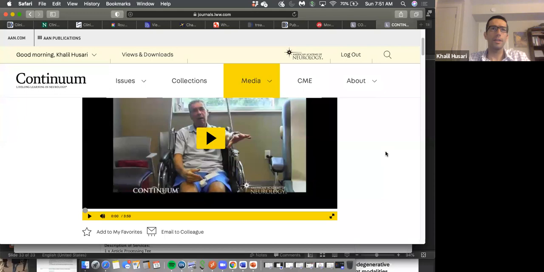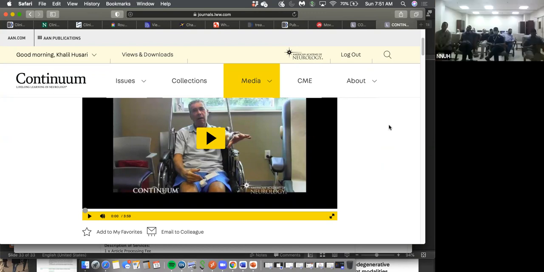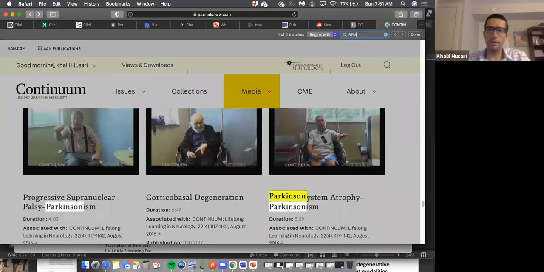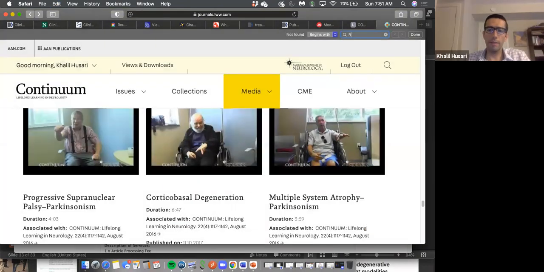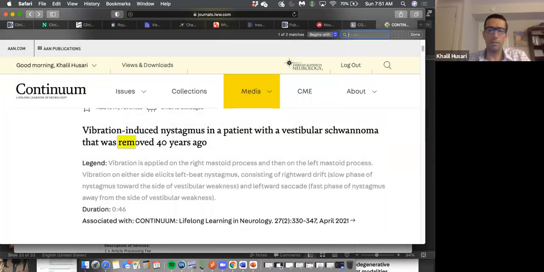Similar pathology with the alpha-synuclein and the Lewy body, right? But the relationship is not 100%, but there is some association for sure.